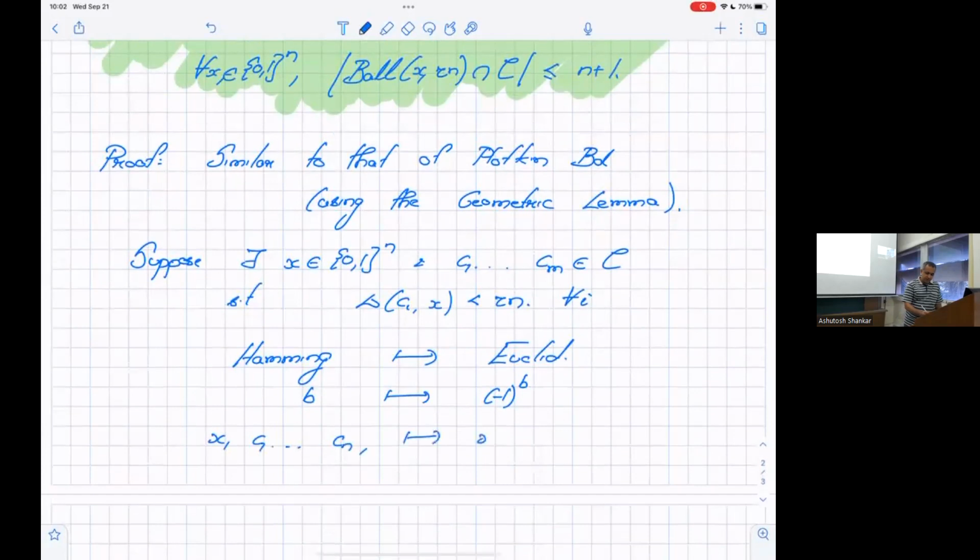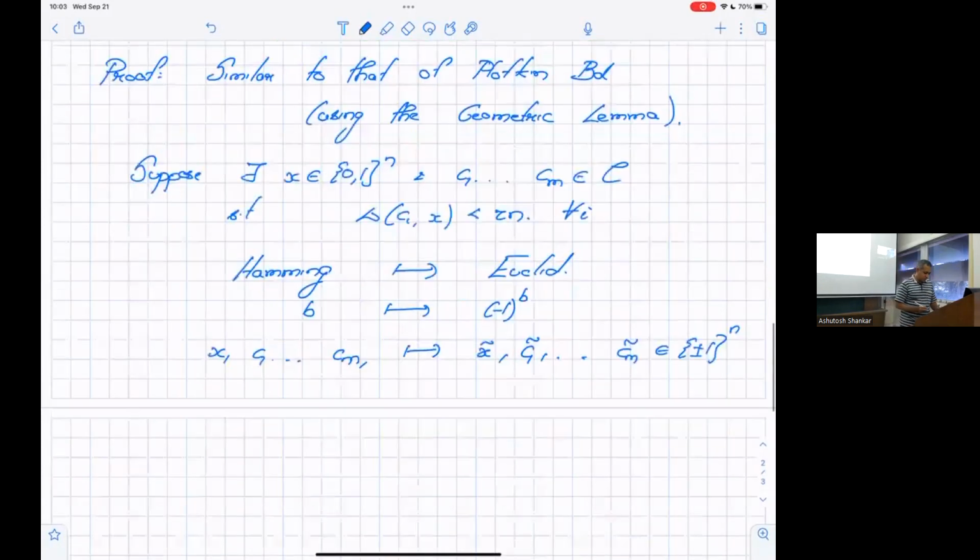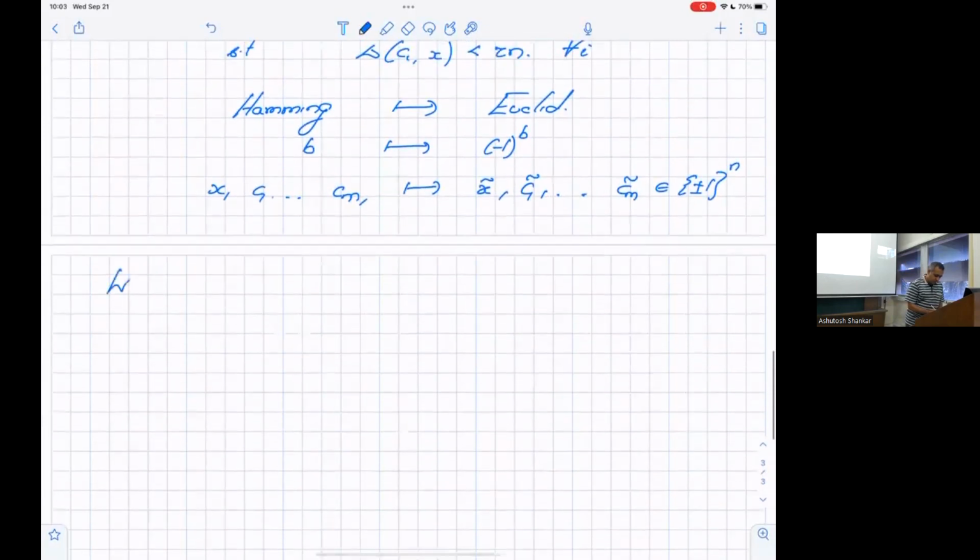They map to x tilde, C1 tilde, ..., Cm tilde, all of which are in {±1}^n. What do we know of this?